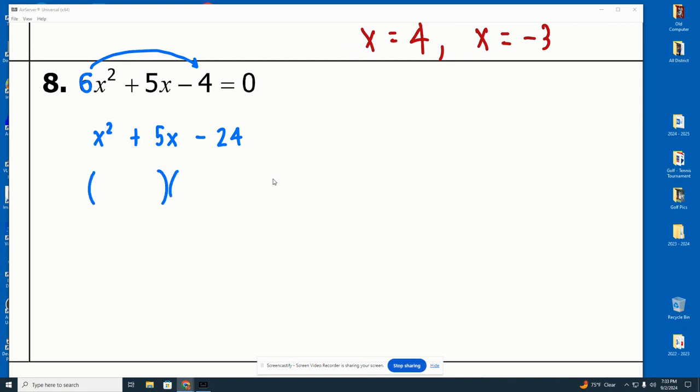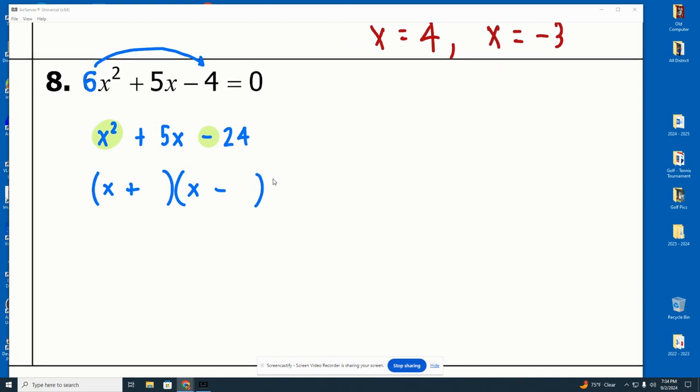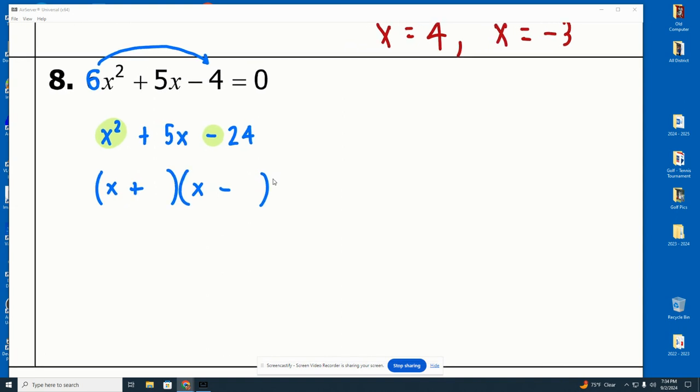So we're going to make our 2 binomials, and of course, what multiplies by itself to get x squared? We've said over and over, that's x times x. Then, what multiplies to get a negative? Well, that's positive and negative. So again, remember, they're working against each other. So we're looking for the 2 numbers that multiply to get 24, but because those signs are opposite, they have a difference of 5.